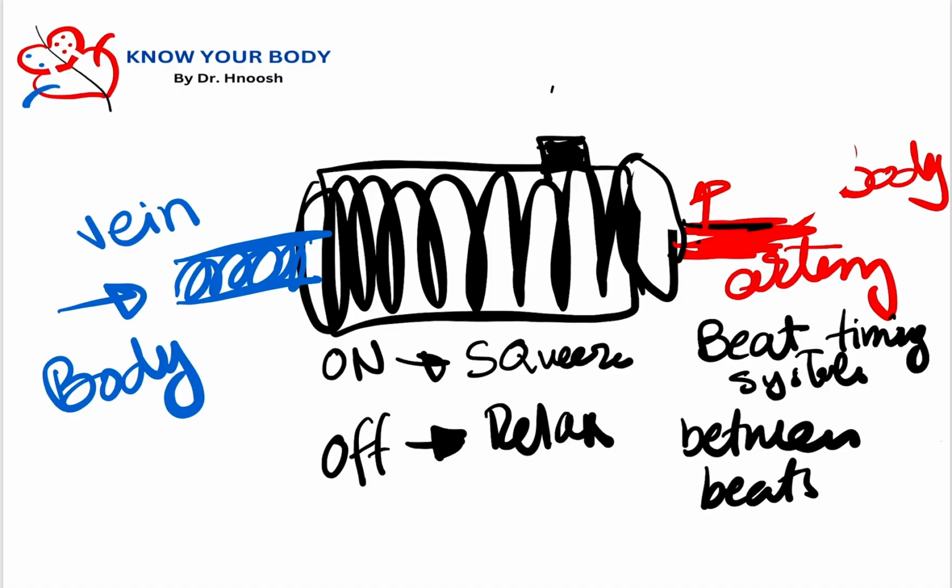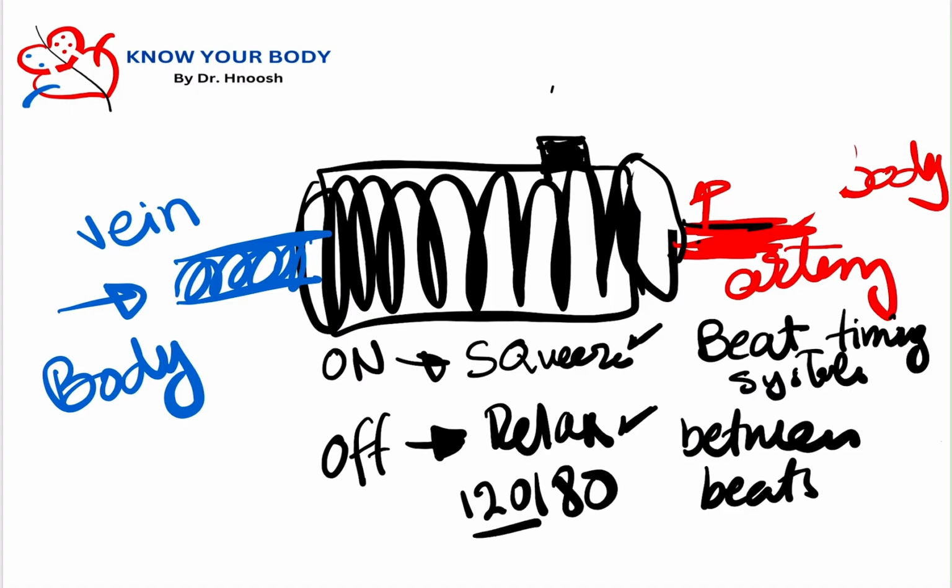This will lead us to have two types of pressure from the heart function. One, the pressure of the squeeze time, and one, the pressure of the relaxed time. Okay, those two numbers are the numbers of the blood pressure that everyone knows. For example, 120/80.